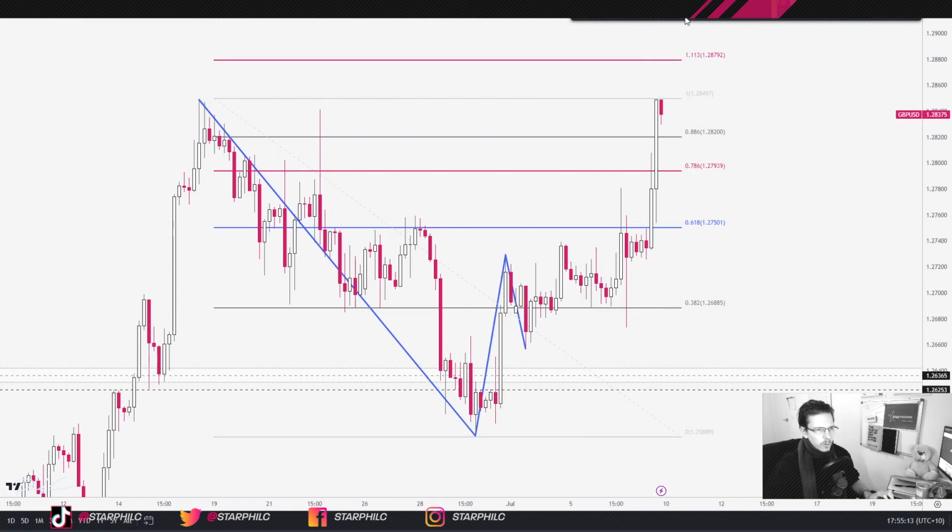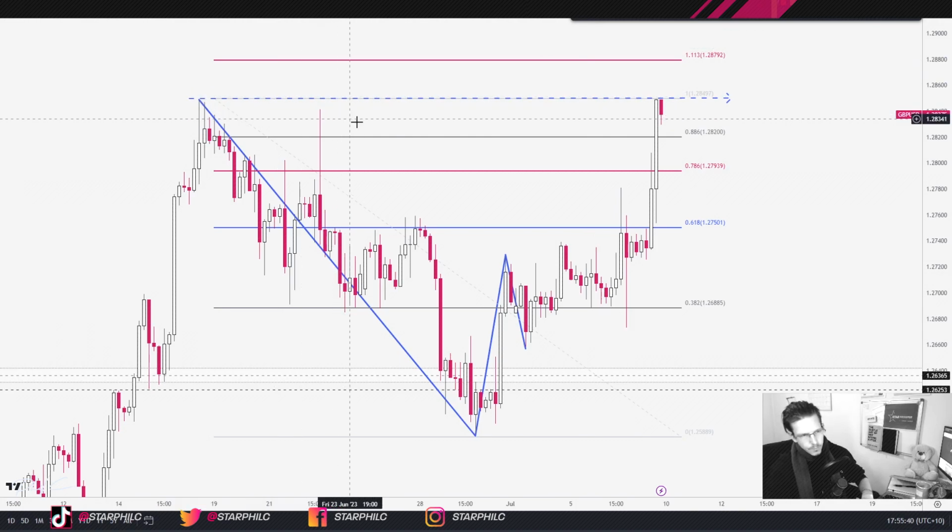What we're looking for right now, this bat pattern is only just valid, okay? Because price action comes up, retesting this high. Now, if price action, this candle right here, closed above this high, then it's no longer valid, right?